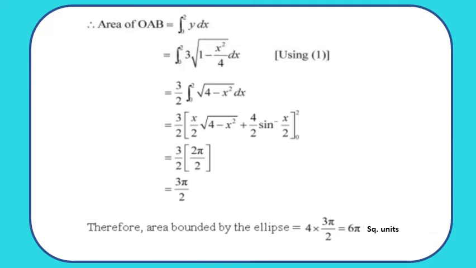Now this is the area of only OAB. So the entire area of the ellipse will be 4 multiplied by 3 pi by 2, which on simplification gives 6 pi square units. Clear? So pause and note down the solution.